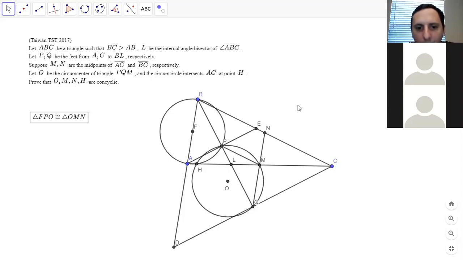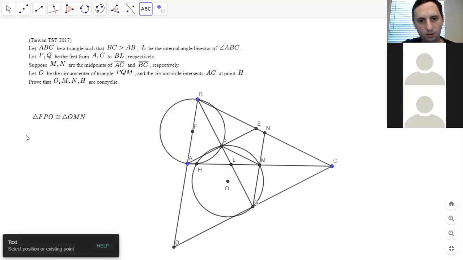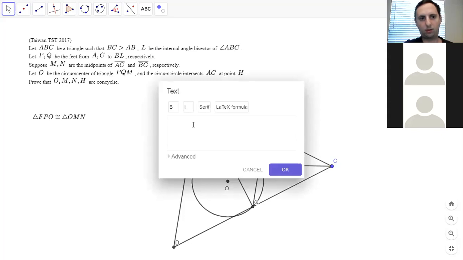That we prove angle FON is equal to FMN. Because the two triangles are congruent, angle FOP is equal to angle NOM. So therefore FON is equal to POM, which is twice PQM, and that is ABQ, and that is half of ABC.